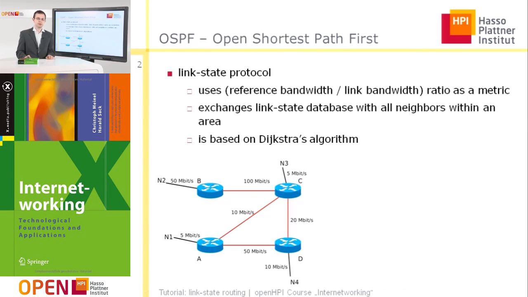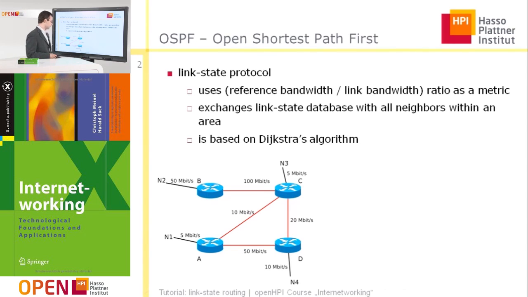Let's take this network as an example. As OSPF, the Open Shortest Path First protocol, uses network bandwidth, we now display the bandwidth here, and we have 4 routers A, B, C, and D, and also 4 destination networks: network 1, network 2, network 3, and network 4.